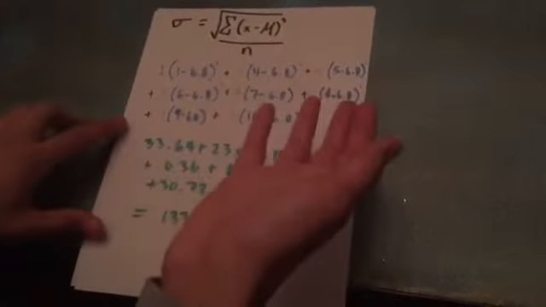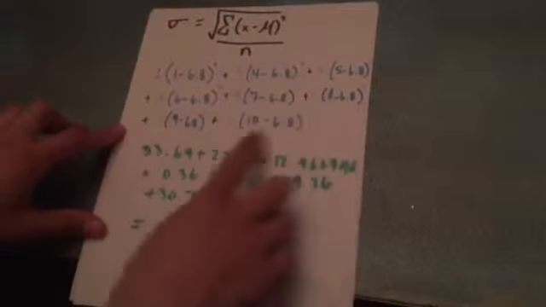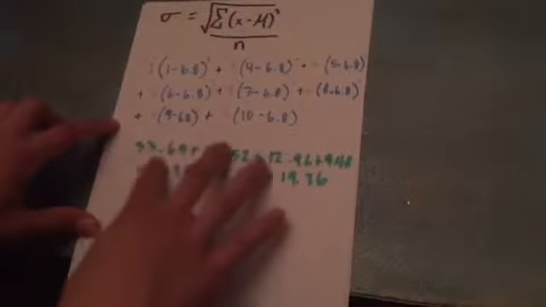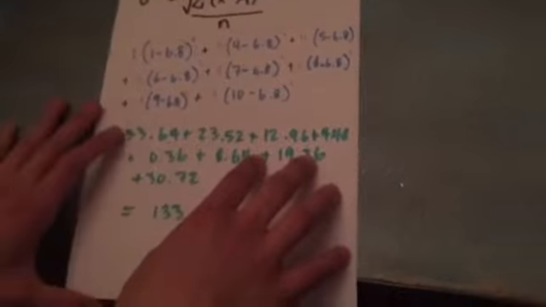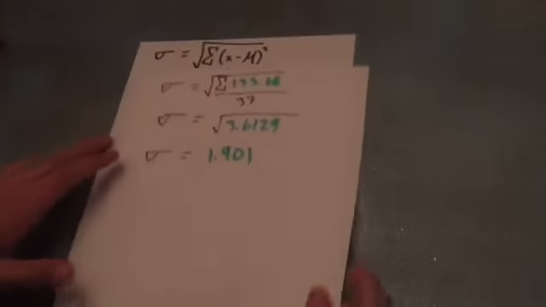So once we plugged all that in, we got, as you can see, we got this, and then once we added it all together and got our numbers, did all the math, it came out to 133.68. Once we get 133.68, we got to plug it back into the equation.